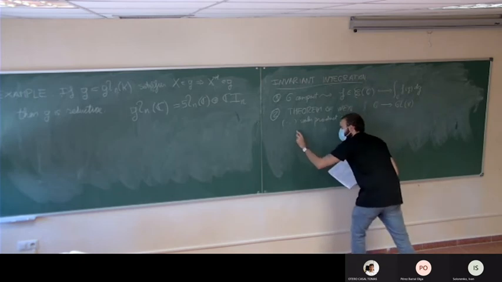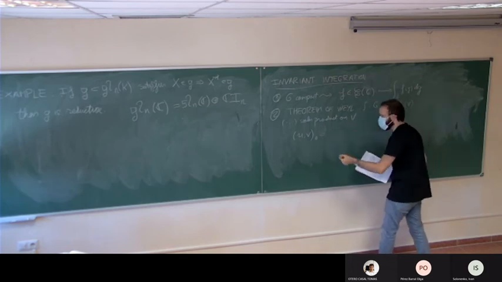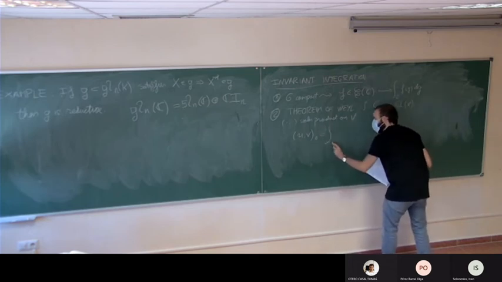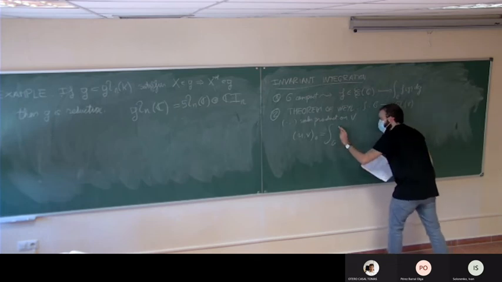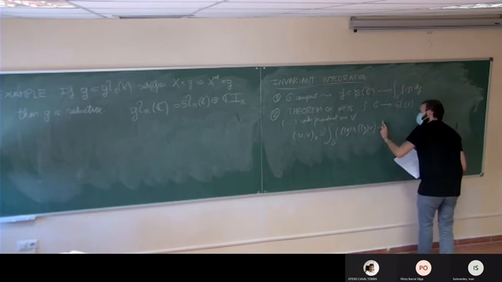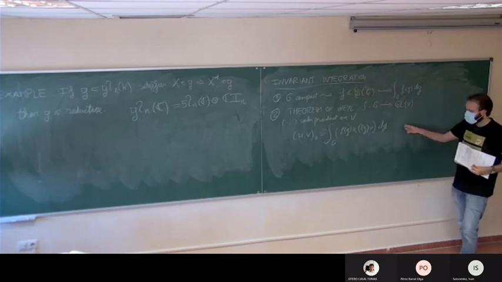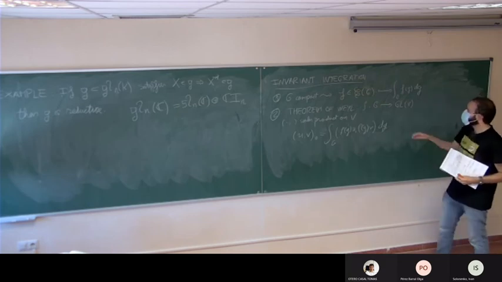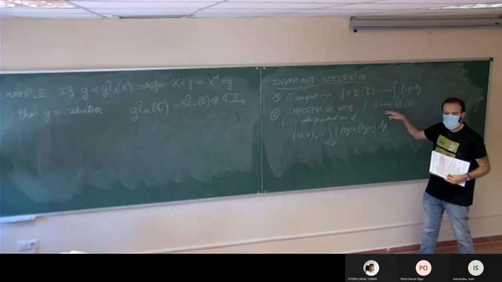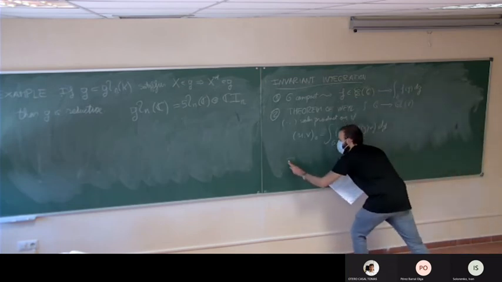So define a new scalar product by saying that the product of v and w is the integral over G of the product of rho(g)v and rho(g)w. Okay? So this scalar product is well defined, and every element of G is now taken into an isometry of this vector space via this scalar product.